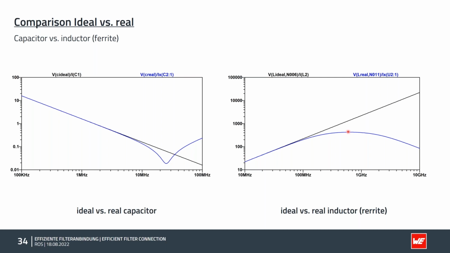That's the resonance frequency, and then it goes to the capacitive part of the component, and the impedance drops down with increasing frequency.